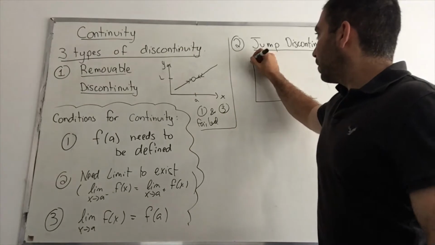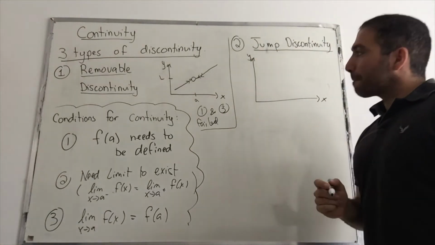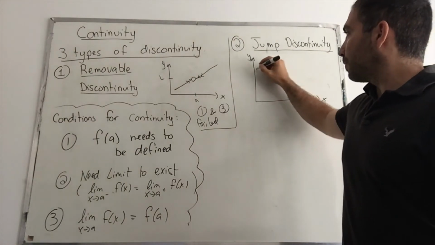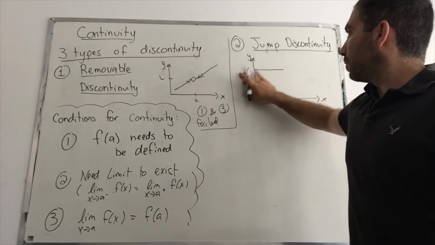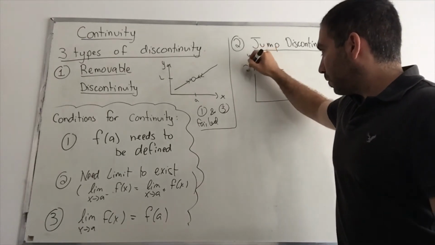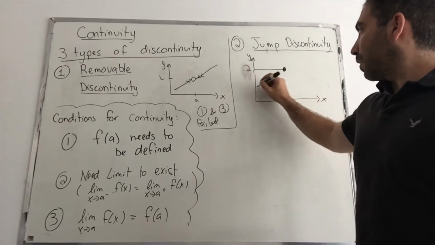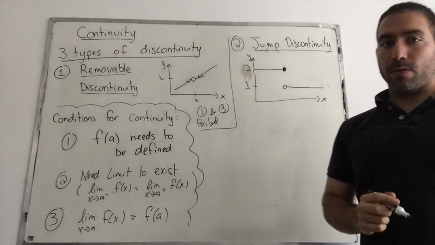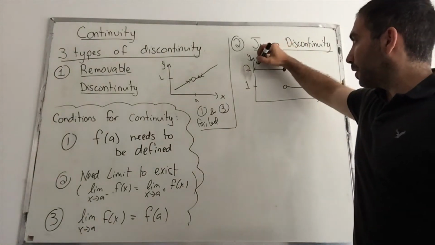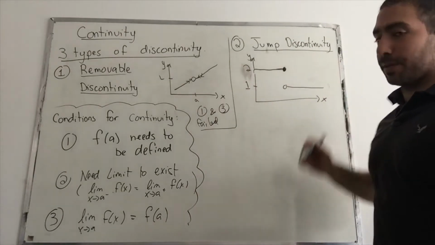We have our function y, x, and we have a function which is flat at, let's say, 1. Let's put 2. Comes over here, we have a solid dot, and then let's say at 1 it continues over here. Okay, so as you can see, the function is flat at 2, and then at this point it jumps down here and then it continues over here.